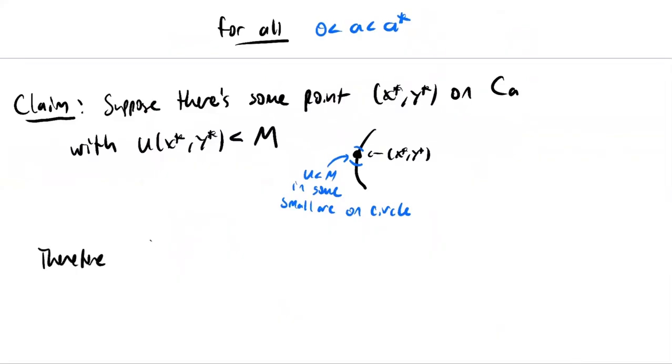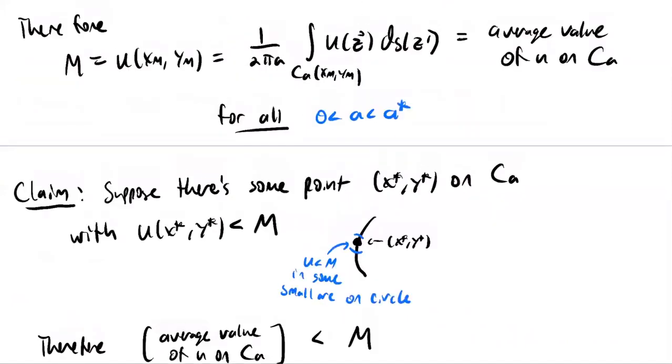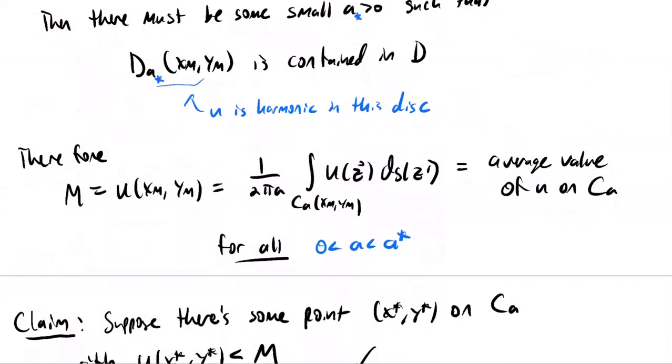But if U is strictly smaller than M on some small arc on the circle, well, what happens if I look at the average value? Right? I know that U is always less than or equal to M because it's the maximum. And if I have some positive portion of the circle where it's strictly less than M, the average value has to be strictly less than M, right? However, if we come back to what we obtained up here, we're going to see that that can't happen, right?